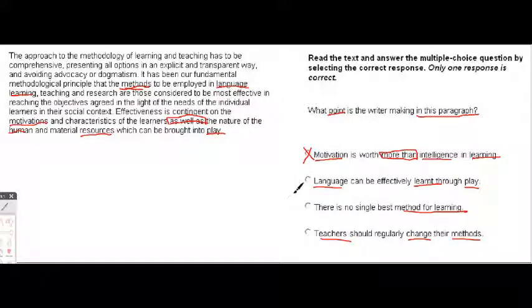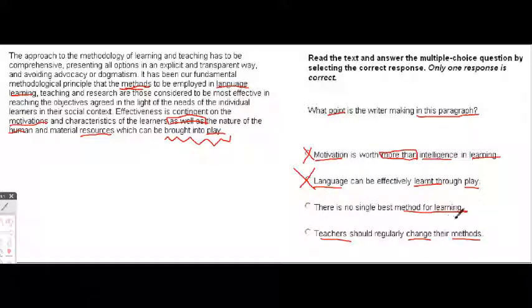Language learning can be effectively learned through play. Language and play are very far apart in the paragraph, so this probably is not the right answer. Additionally, brought into play is an expression that has nothing to do with playing, so I can eliminate this. There is no single best method for learning.